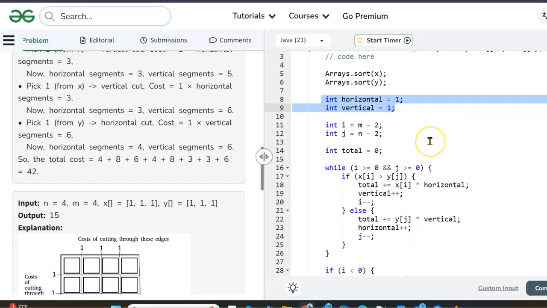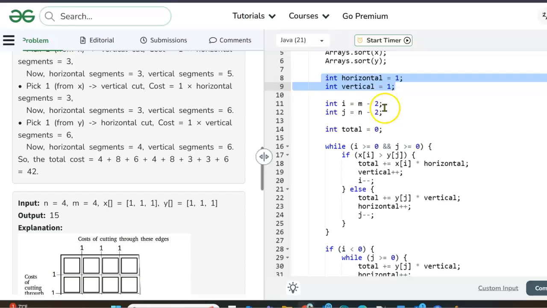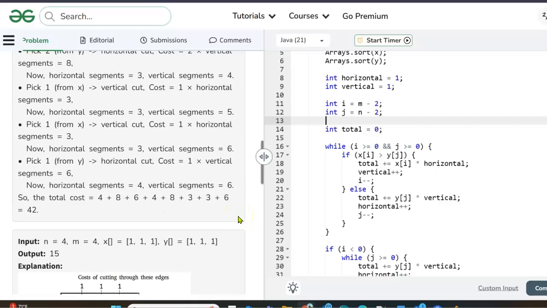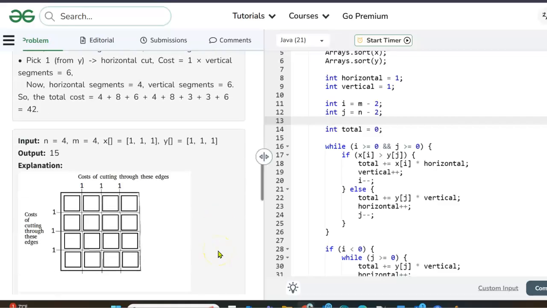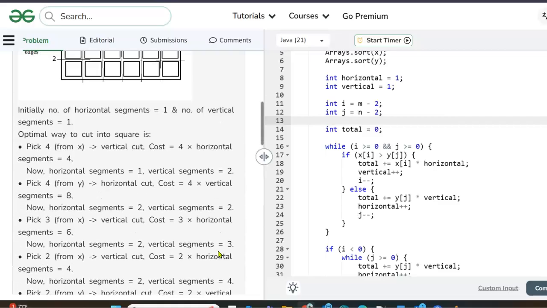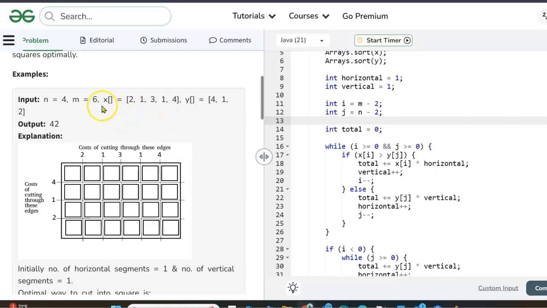So we'll start with the indices at the highest possible point, m minus 2. Why is it m minus 2? In this example, m is 6.